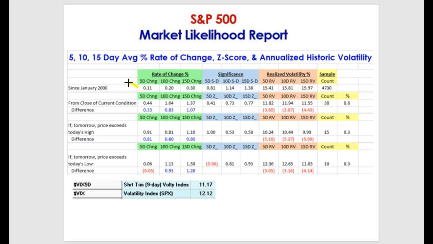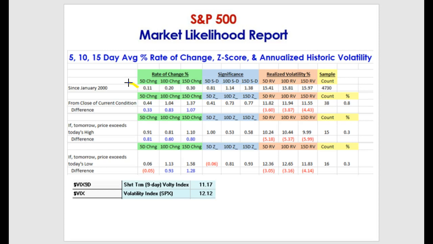You can take any close, go forward 5 closes, look at how much the market moved 5 days later. You have an average increase of about 0.11%. Just a little bit more than 0.1%.